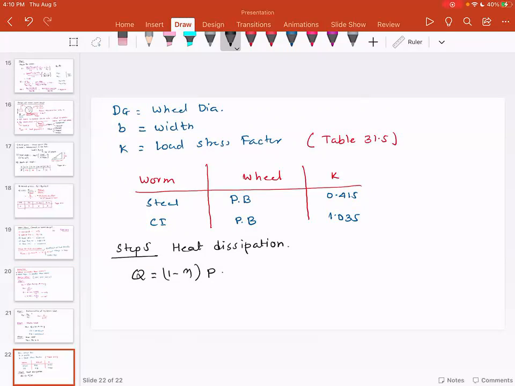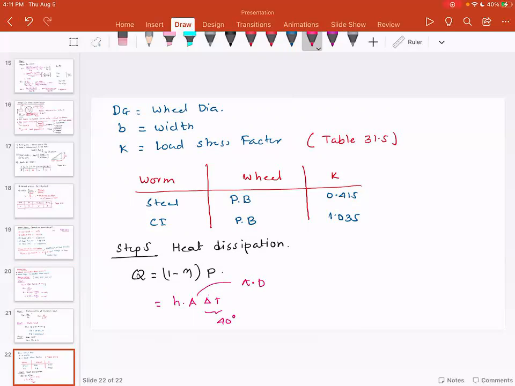The easiest way to do this is by equating the equation H A times delta T. Typical values of delta T are about 40 degrees, and the typical value of area is the surface area of the gear, which is pi times the diameter of the gear.